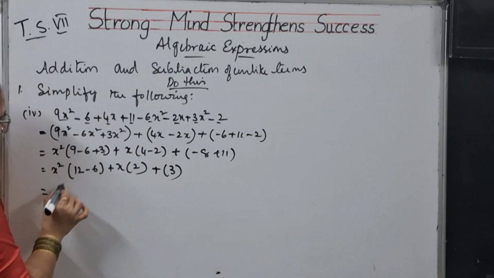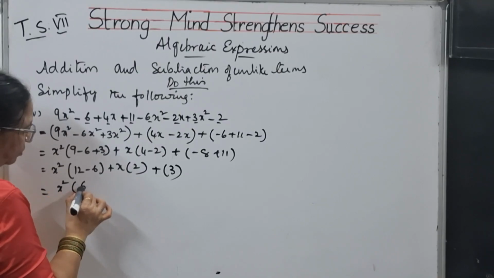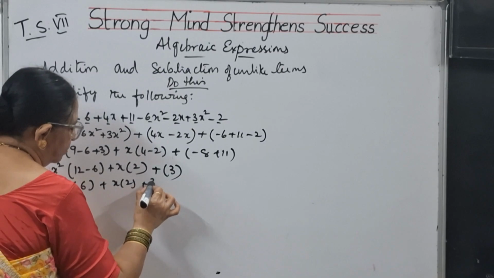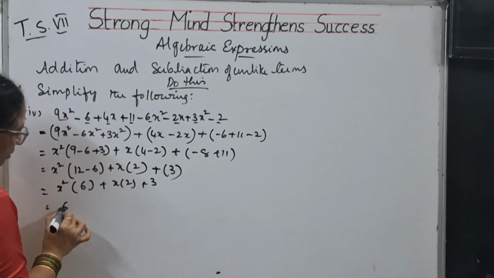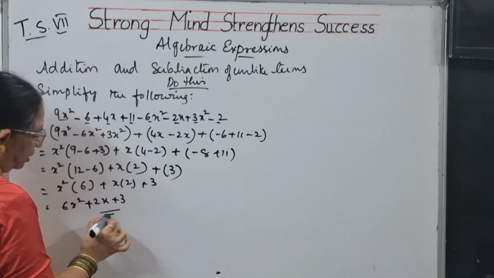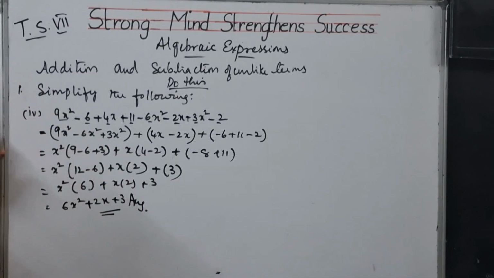So this is nothing but 12 minus 6, x square into 6 plus x into 2 plus 3. That is 6x square plus 2x plus 3 is the answer for this problem, children. This is the way in which you need to do it. I hope I am clear.